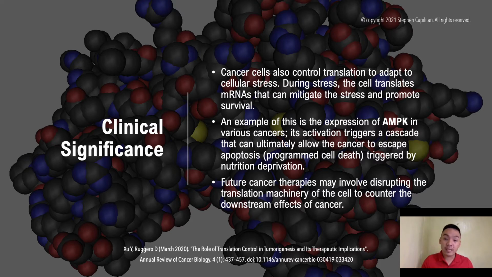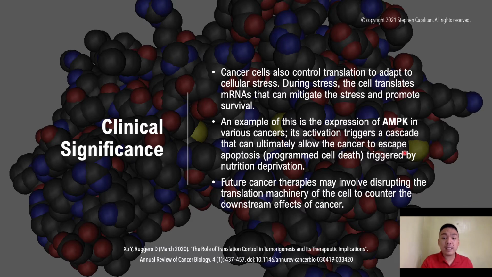An example of this is the expression of AMPK, or AMP-activated protein kinase, which is an enzyme, in various cancers. This activation triggers a cascade that can ultimately allow cancer to escape apoptosis, programmed cell death. This is triggered by nutrition deprivation.